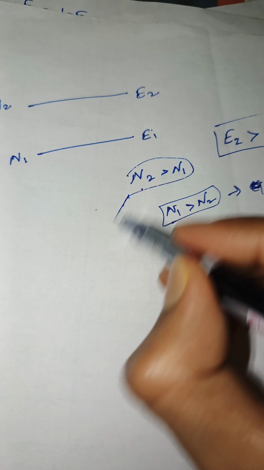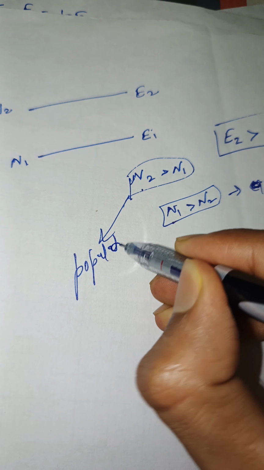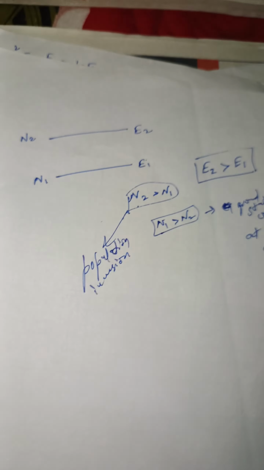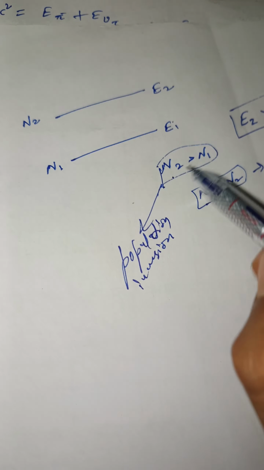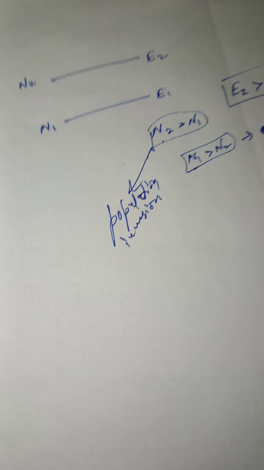And this is for population inversion. Right, so I will tell you why this condition is not possible for a two-level system.